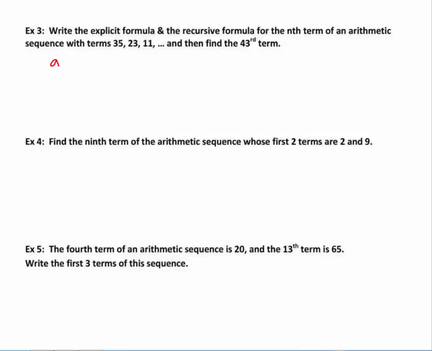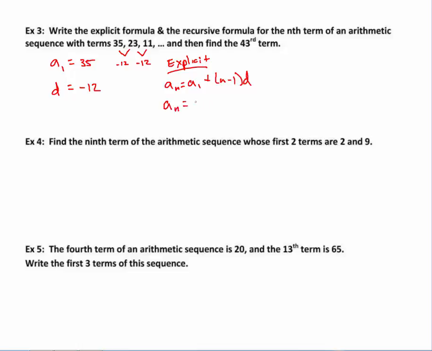We know that our a sub 1 equals 35. Okay, we have a sequence, so we can determine our common difference, right? That is negative 12, so our d is negative 12. And now to come up with our explicit formula, we're going to do a sub n equals a sub 1 plus n minus 1 times our common difference.